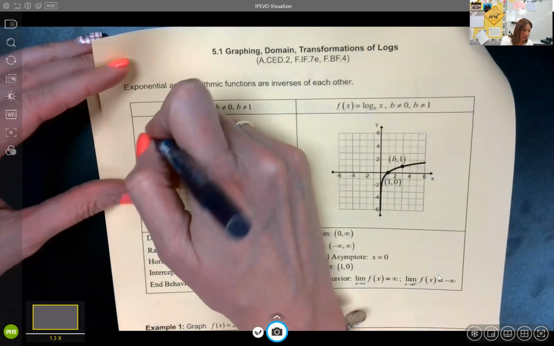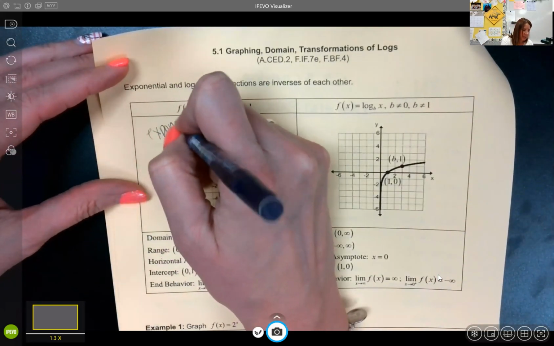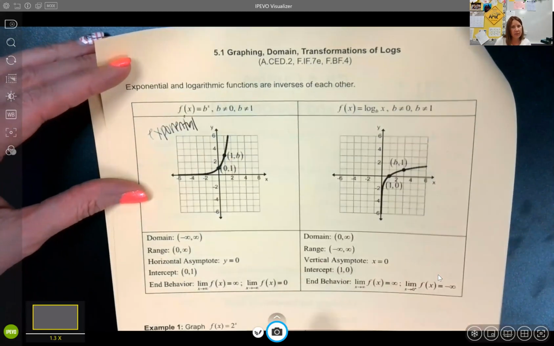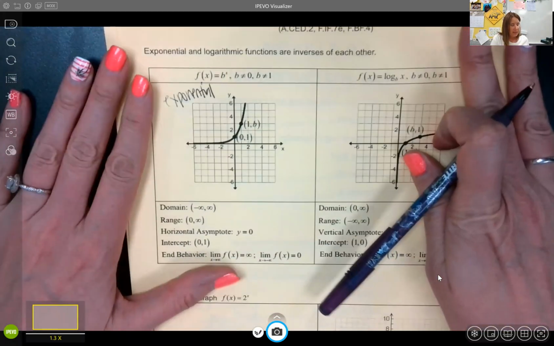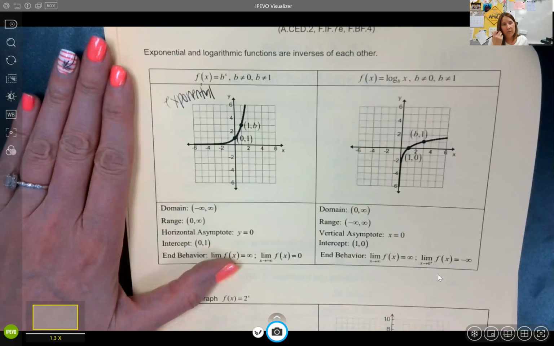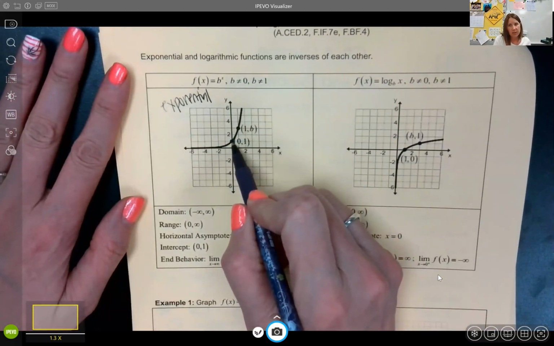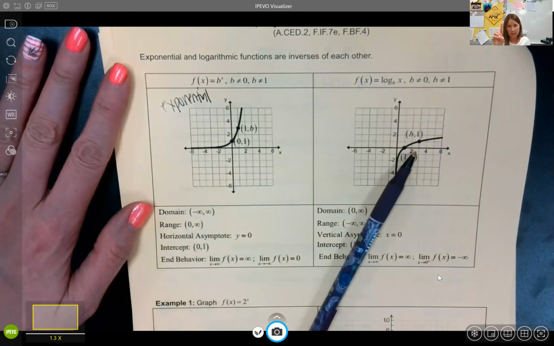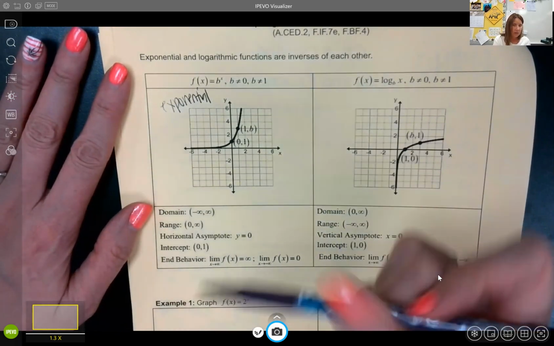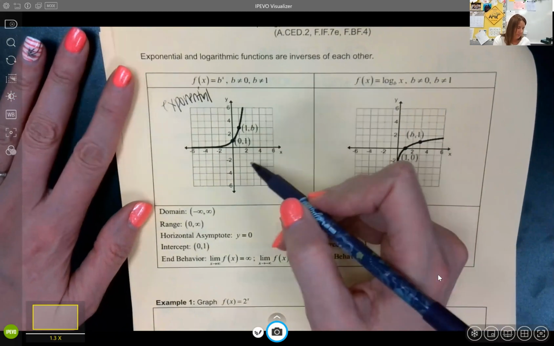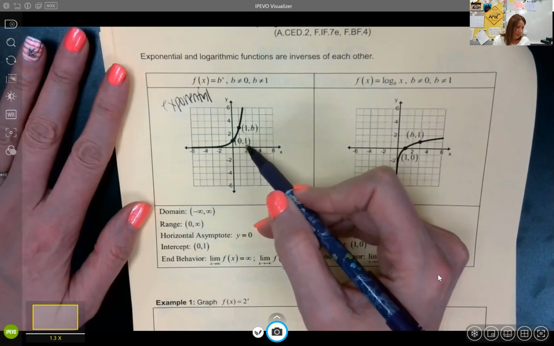This is an exponential. So in your notes, you're going to write exponential graph. And as we learned before, when we learned about our functions, the exponential graph always goes through (0, 1). Remember, we did the (0, 1) when we did what the functions look like. So it always goes through (0, 1).